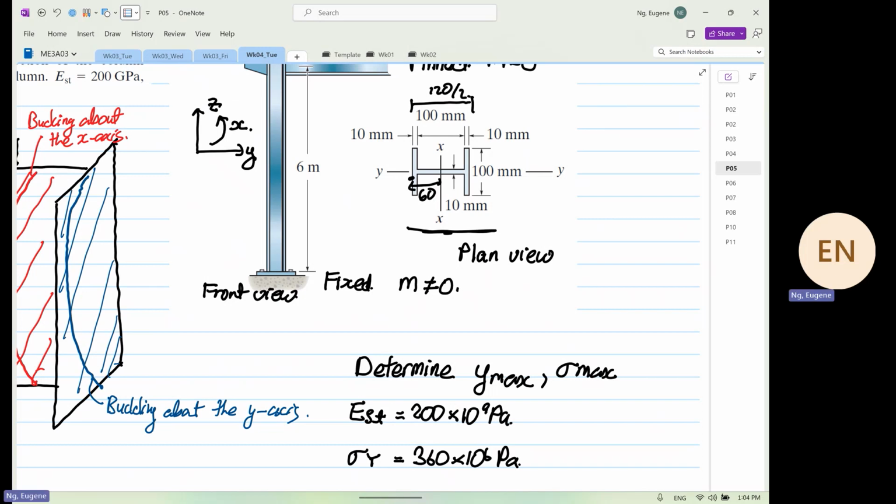The furthest distance from the centroid, not relative to the applied force. You thought it's relative to the applied force. Am I right or am I wrong?